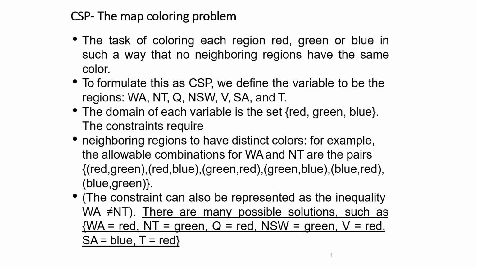So the CSP problem mainly focuses on defining the variable, which could represent the region, and then the domain, which is connected to the variable and is made up of colors. So what is the main constraint or main rule?